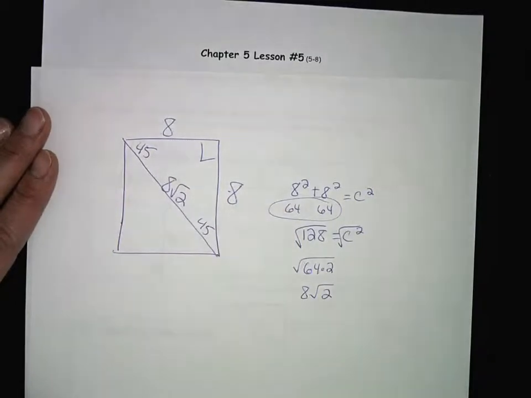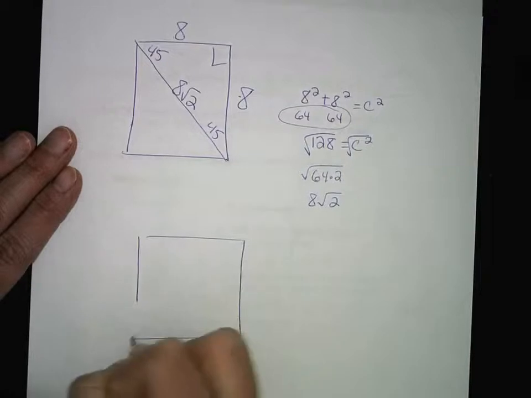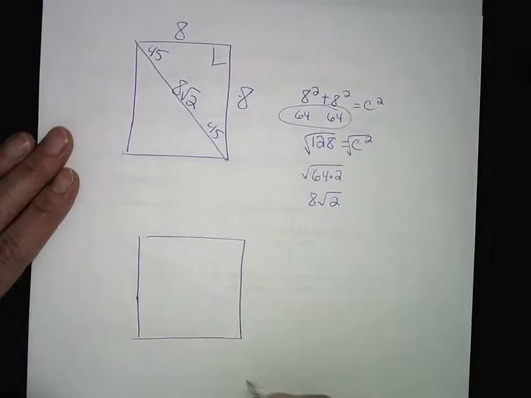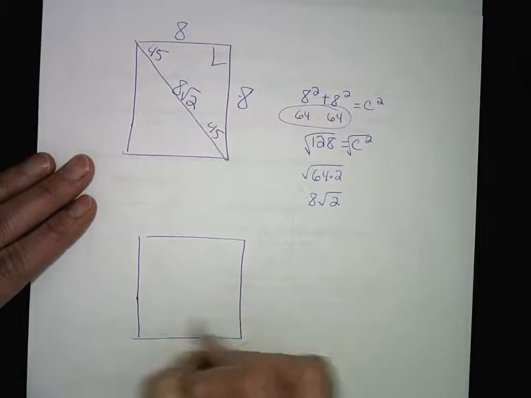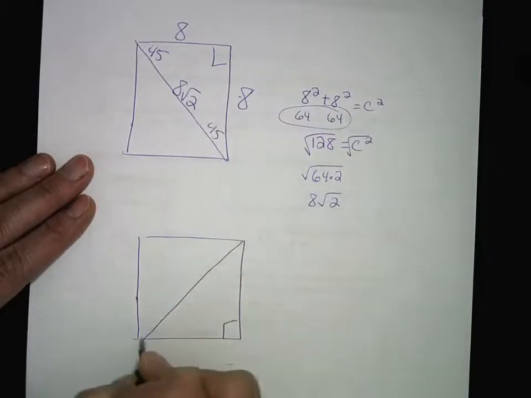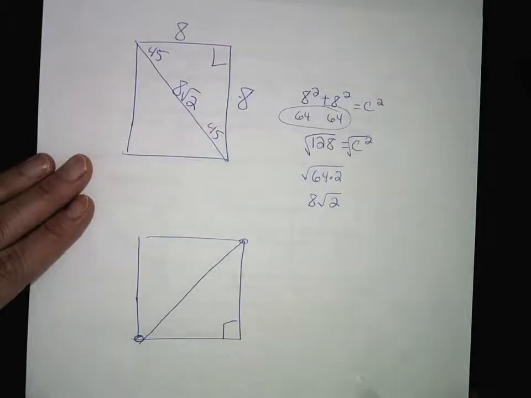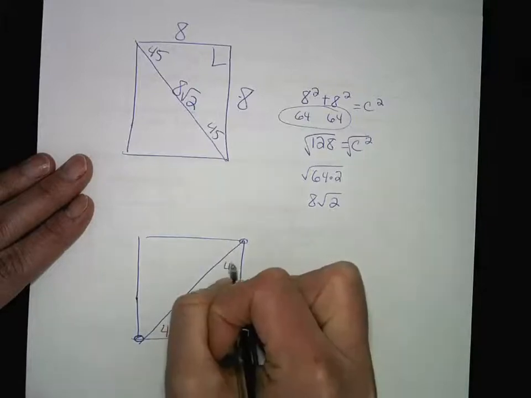Are you noticing any pattern? If not, I'll do one more. Take another square, and again, if we were in class, I'd ask you for a side. Let's draw the diagonal this way, and say you tell me it's 11. I'm just using small numbers here. If that's 11, that's 11, and this is a 45 and a 45 because it got split.